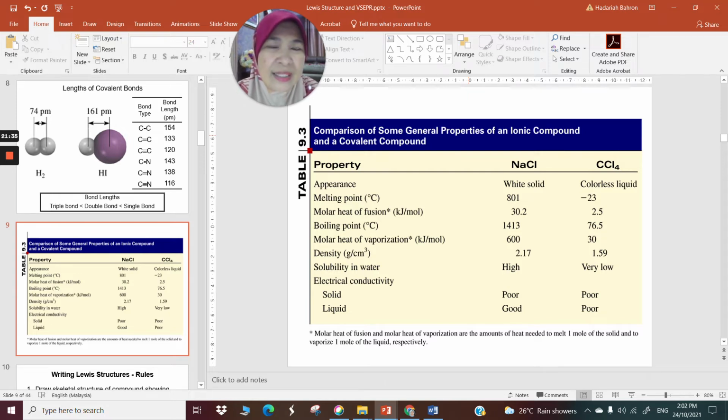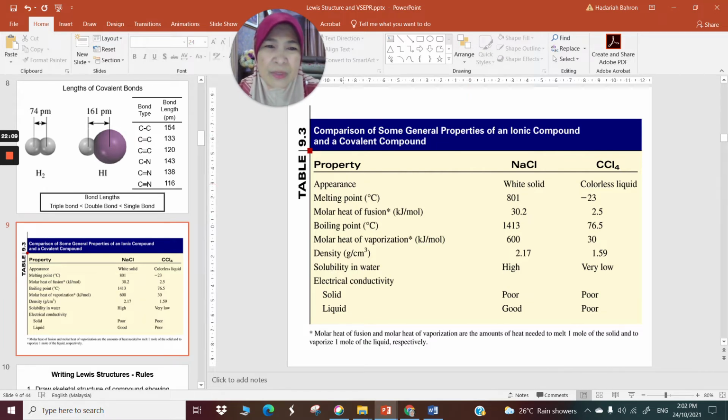The metal becomes a cation, a positively charged species, and the non-metal becomes an anion, a negatively charged species. Whereas in covalent compounds, none of the atoms get charges. They are not anions, they're not cations. They simply share the electrons, so nobody loses anything, nobody gains anything, but they just share that pair of electrons between them to complete the octet.